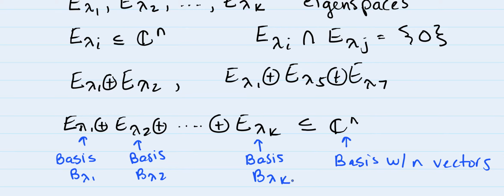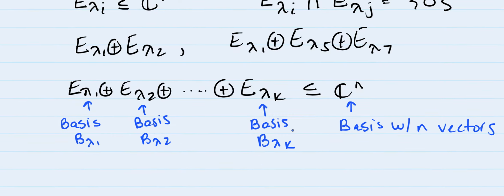And every vector, we saw that any vector in E lambda 1, including a basis vector, is linearly independent from any vector in these other eigenspaces, including the basis vectors. So if we take the union, let's do it in red, let B be the union of all these basis vectors.